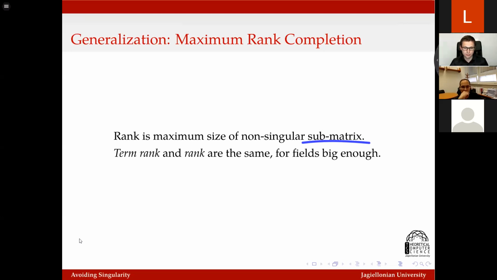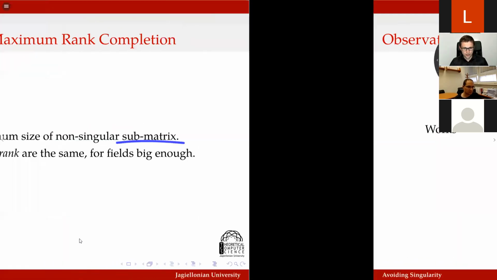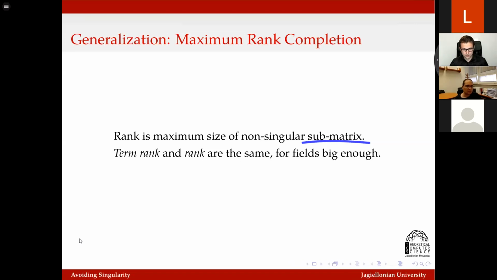So for fields big enough, we can either find a substitution of the variables that maximizes the non-singular submatrix, or we can look at the polynomials, the determinants of some submatrices, and it's the same. From now on, we will be interested in this Sudoku problem, where we want to maximize the rank, and if this rank equals the size of the matrix, then we get a non-singular assignment. So it's a generalization of our problem.